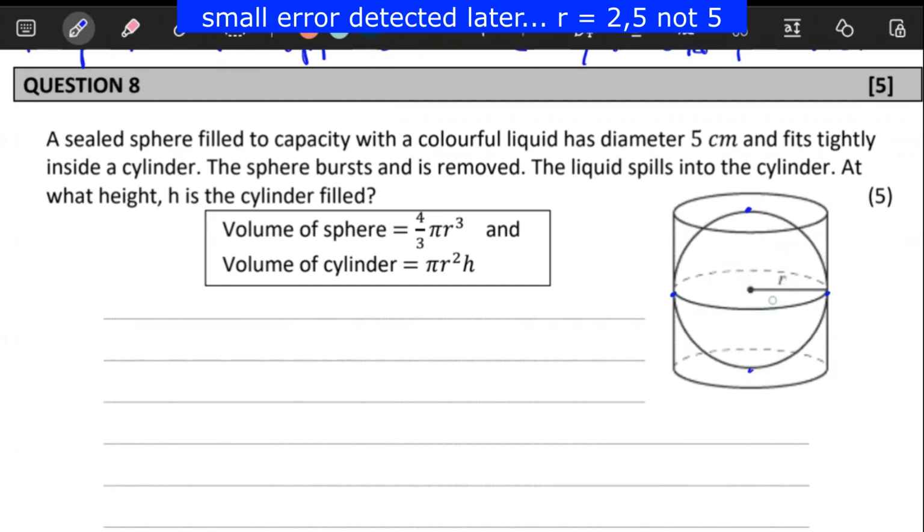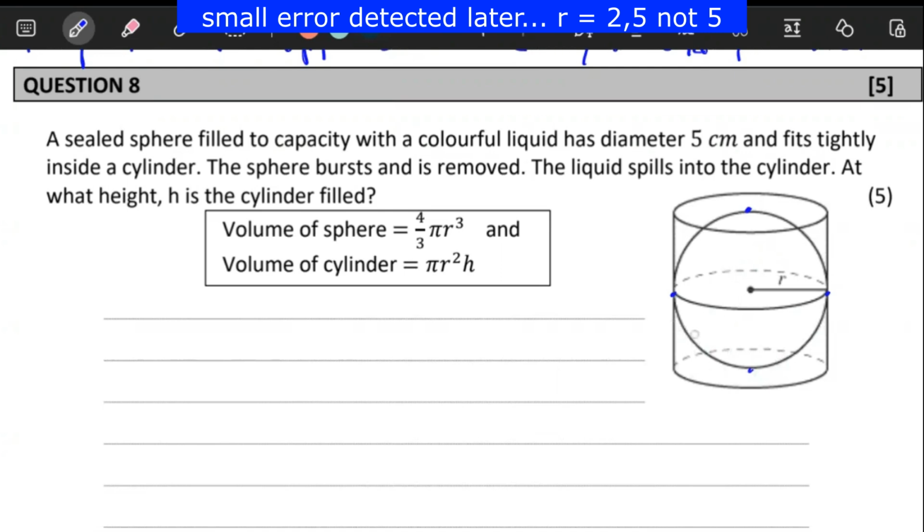So the sphere pops, it bursts, and then all that liquid goes into the cylinder. And now they're asking at what height the liquid fills the cylinder. In this situation you want to think logically, because a lot of the liquid that was on top would go and cover this space down here.